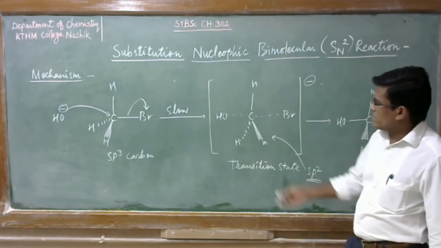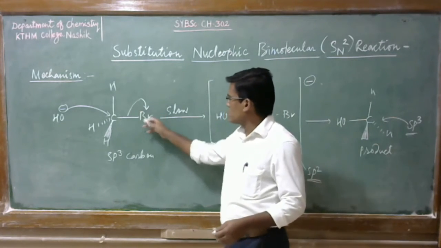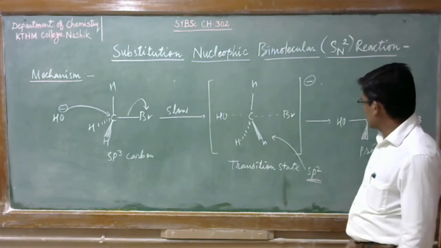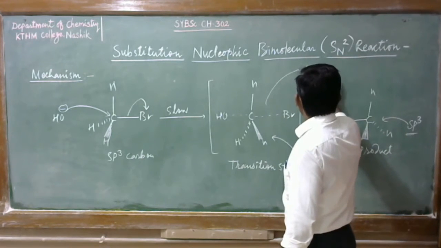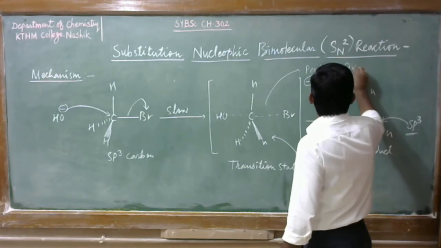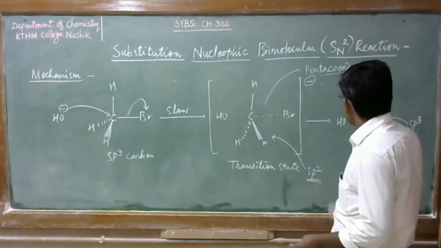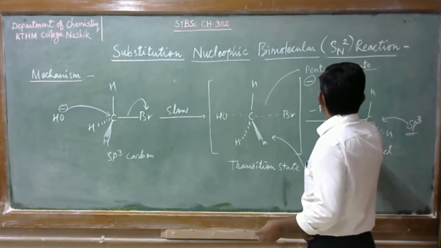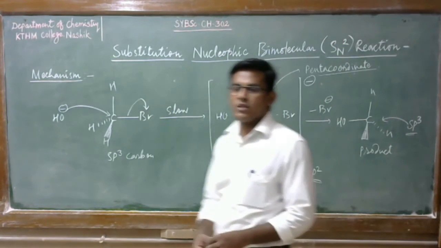When this nucleophile attacks this carbon, the bromine departs, and we can have this transition state. This carbon is pentacoordinated. Then this bromide departs, and we get our substituted product.